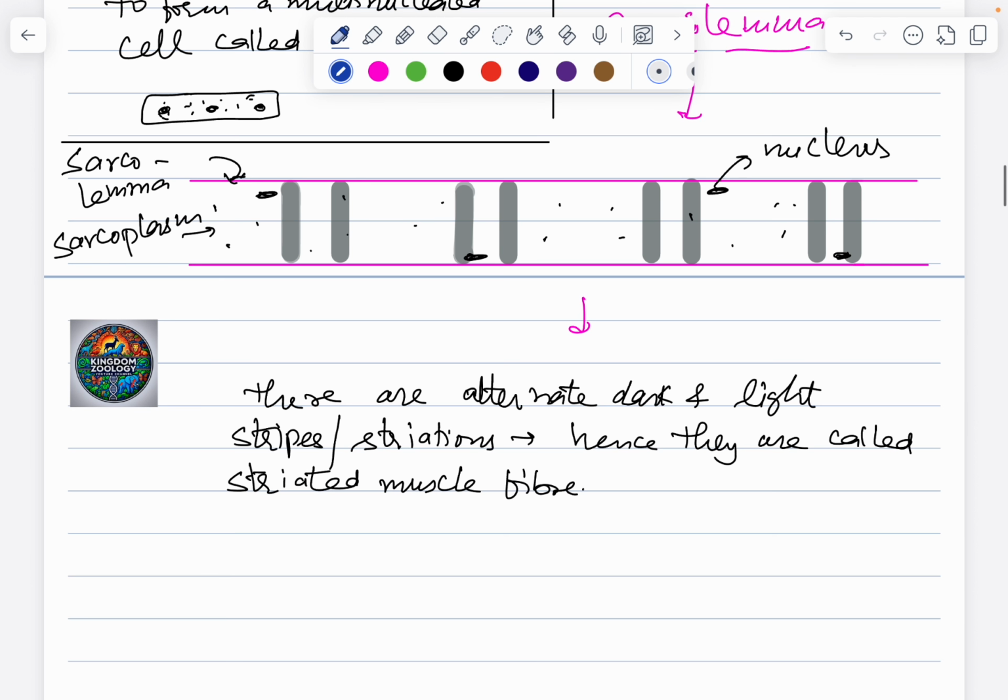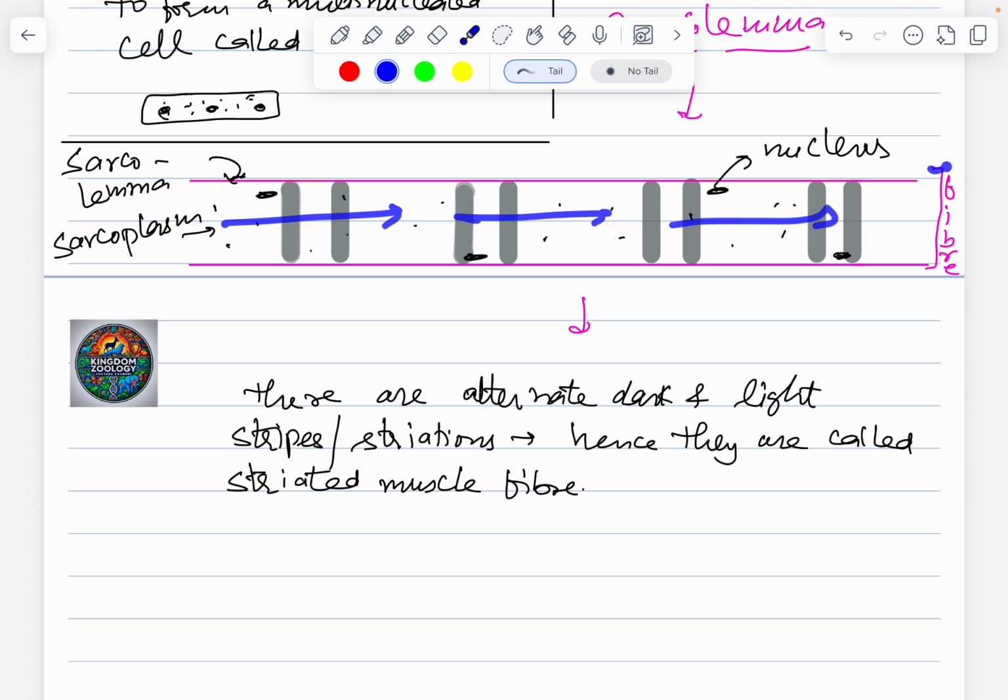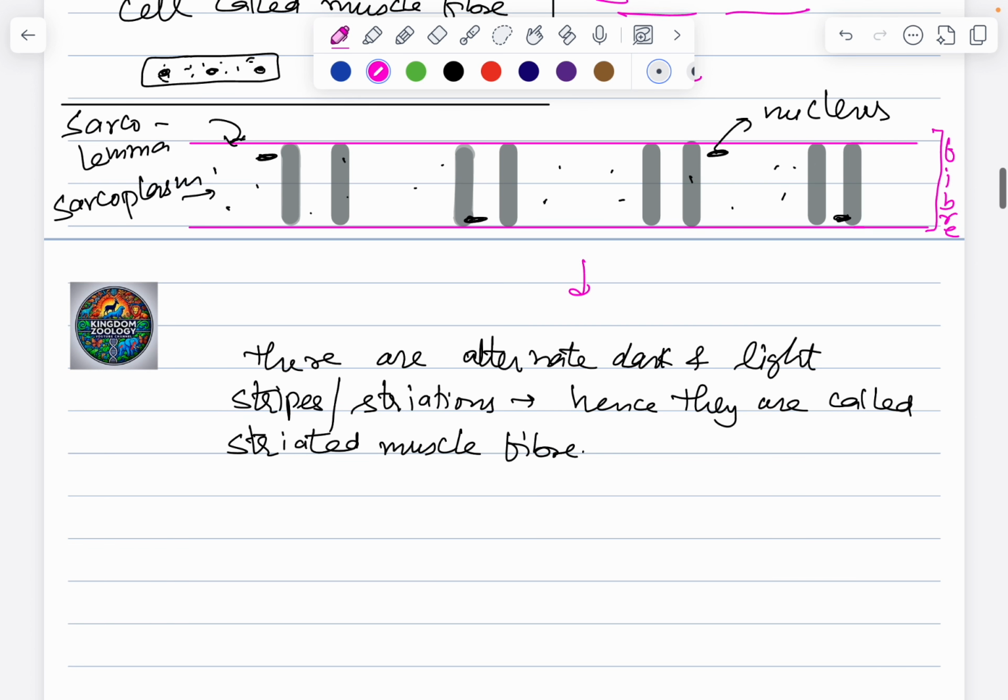If this structure that I've drawn is a fiber or a cell, or in fact a part of the fiber, what should I call the proteins? If the cell is a fiber, the proteins present inside the cell should be called fibrils, the subunits or building blocks of the fiber.